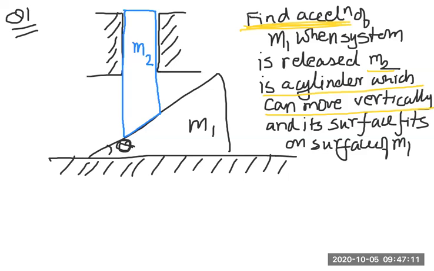So in pulley block systems, the direction of acceleration was pretty straightforward. So here, what can you tell me about the direction of acceleration of M1?